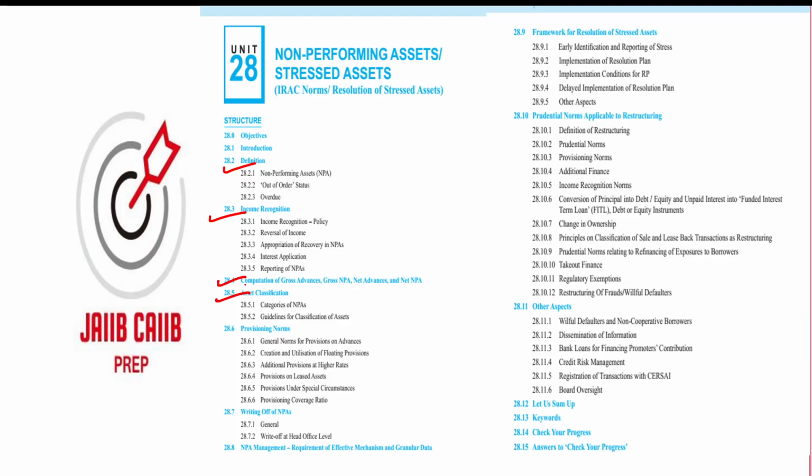So we classify assets into substandard assets, doubtful assets, loss assets. We'll learn about provisioning norms, how to write off loans, what are the prudential norms applicable to restructuring. So we'll understand about some other aspects. We'll wind up this class by doing our practice questions. So let's begin.